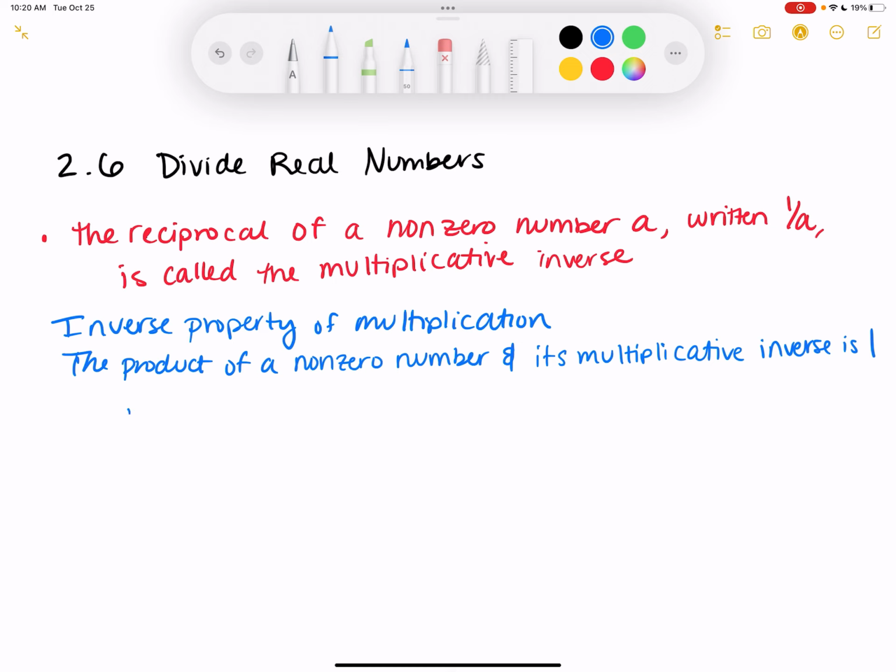So mathematically, that would say that A times the multiplicative inverse, 1 over A, is equal to 1 over A times A, so we can write it either way, and that would be equal to 1, because the A's would cancel, top and bottom, on either side, either way you write it, and leave you with 1. Now, this is assuming that A is not equal to 0, because we can't have 0 in the bottom.